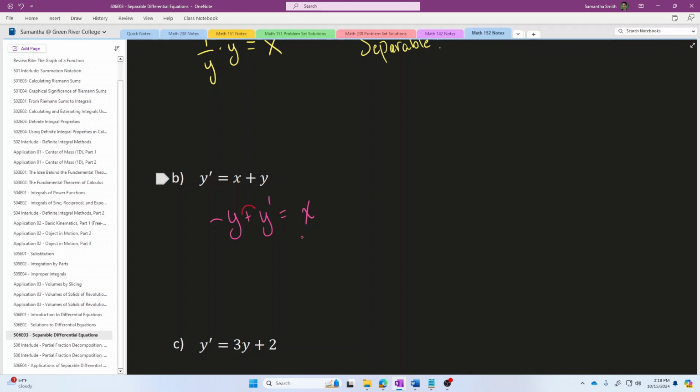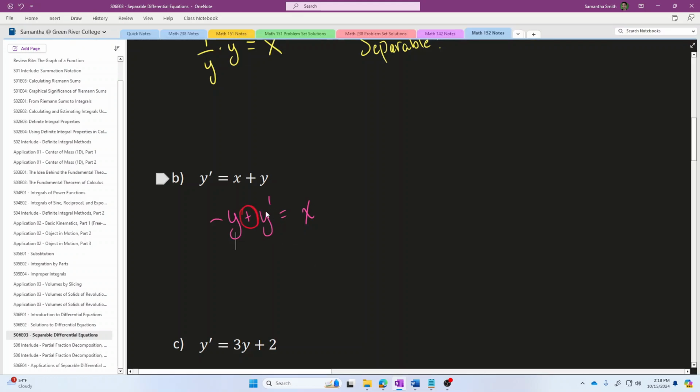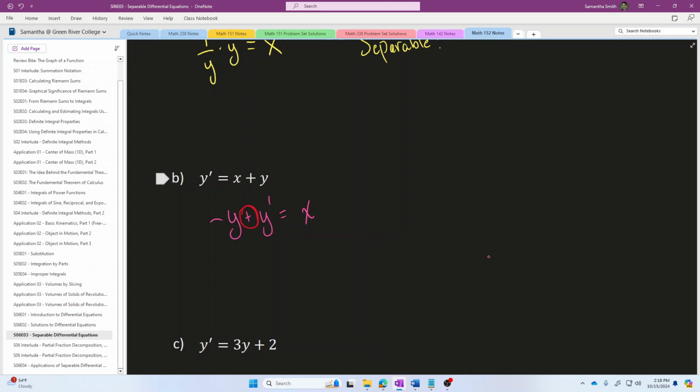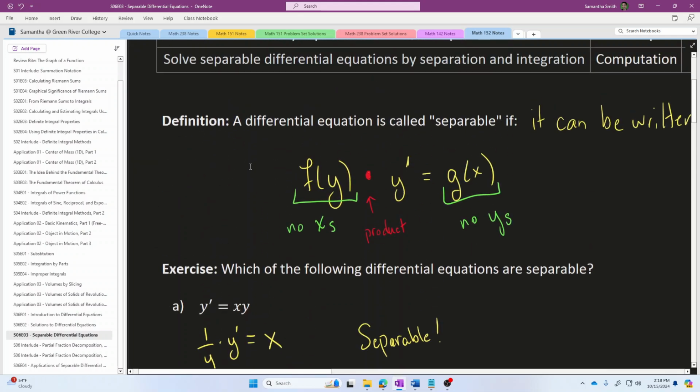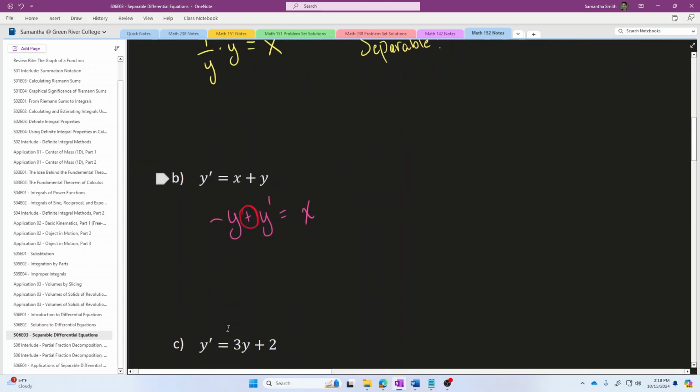The function of y on the left-hand side needs to be multiplied by y prime, but in this particular example, it's only possible to have them added together. So because they were not separated in the correct way, where I have a product on the left side, this is not separable.